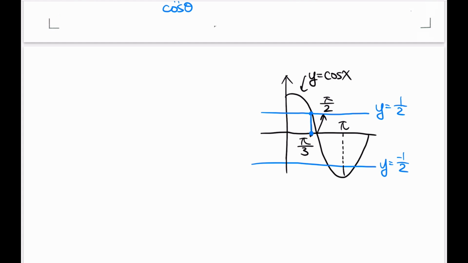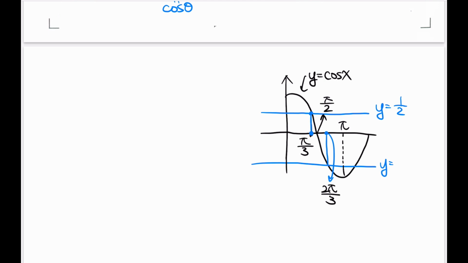And in order to make cosine equal to -1/2, theta has to be 2 pi over 3, because 2 pi over 3 is 120 degrees and cosine 120 degrees is -1/2.